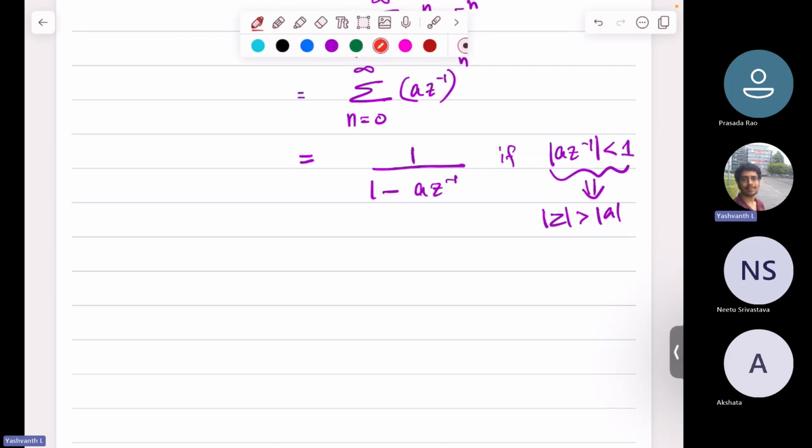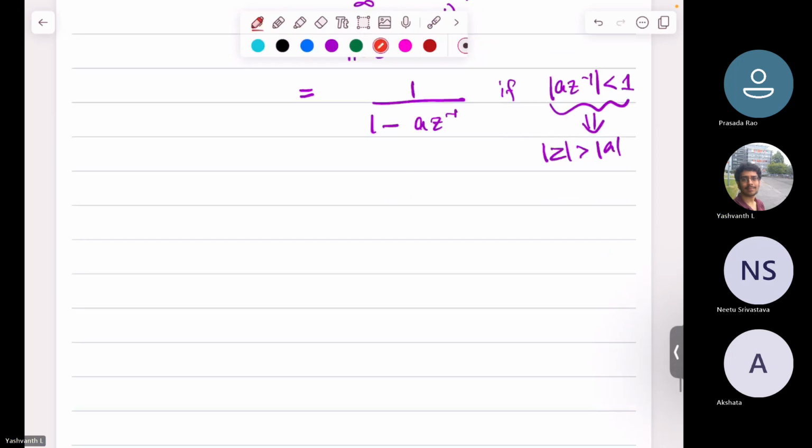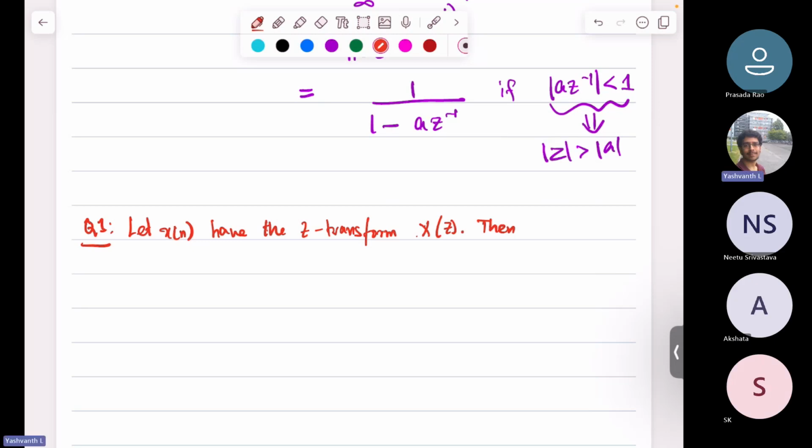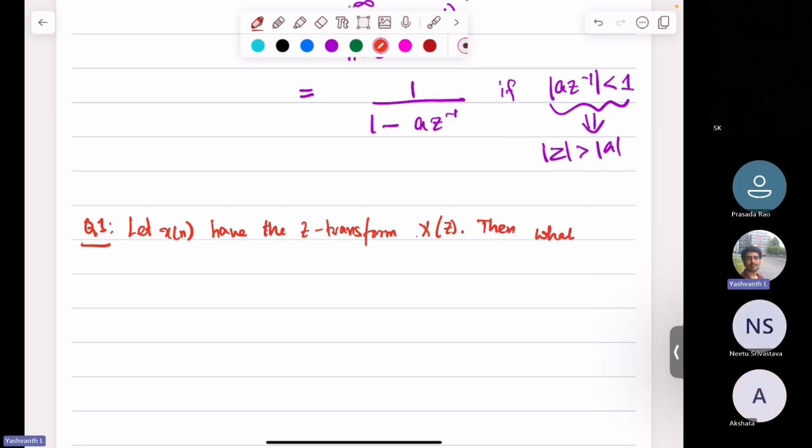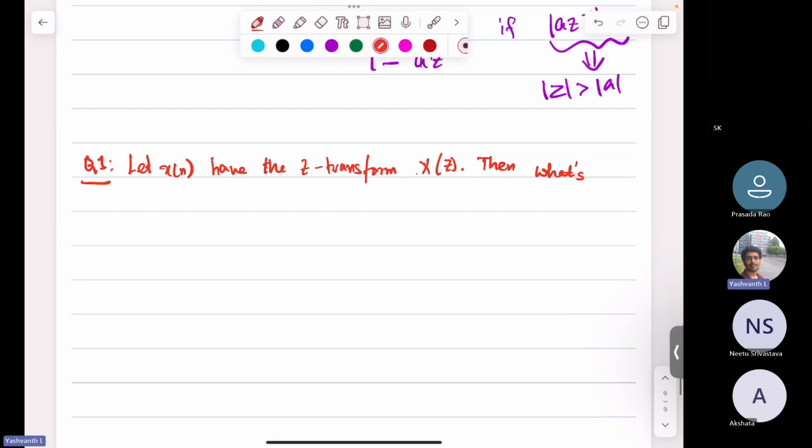Okay, the first question is, let x of n have the Z transform x of z, then what is... wait, sorry, maybe I'll ask like this.